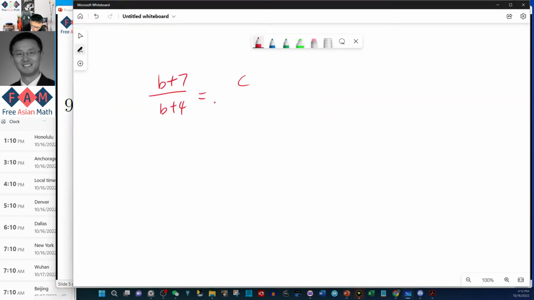So in general, we need to get rid of this one, so we cross multiply. So this is b plus 4c, cross, equals 9 times b plus 7. Okay? Now we have an equation that involves b and c.